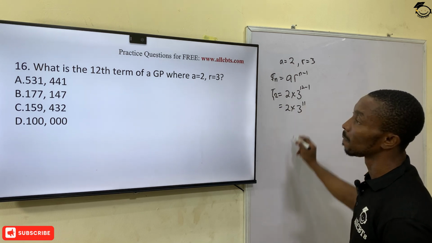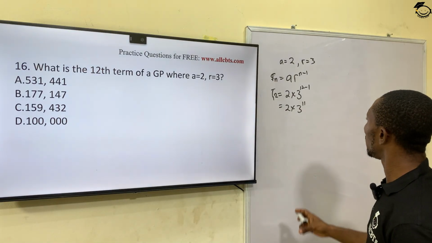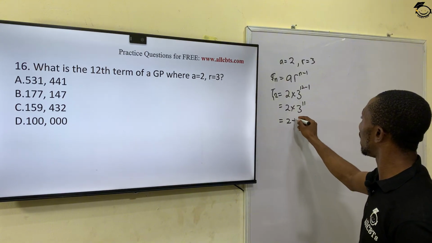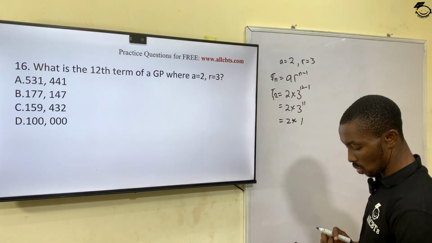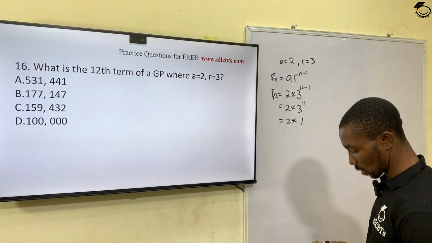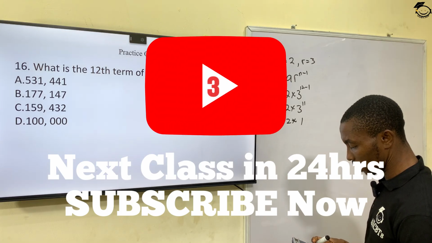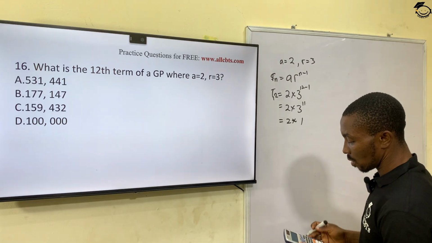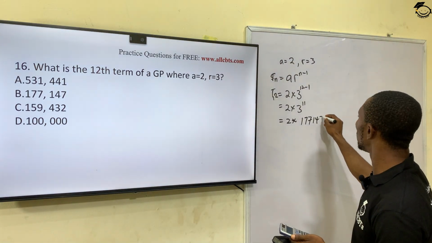Now for this, we have 2 times 3 raised power 11, and 3 raised power 11 would give us 177,147.